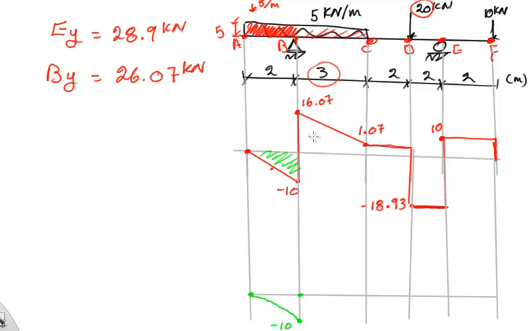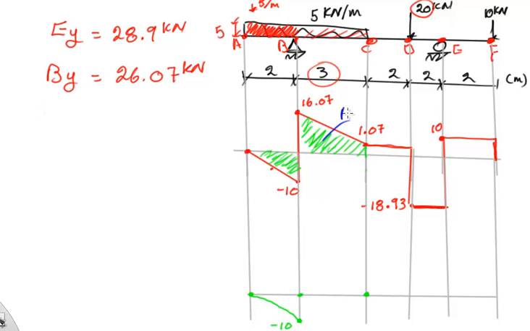Okay, what about the moment at this point? Basically, it's the area of this part plus the moment value I got here. So what is the area of this part? It's a trapezoid, so I'll do it in blue here.